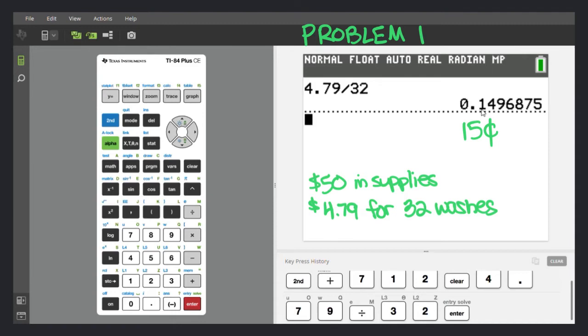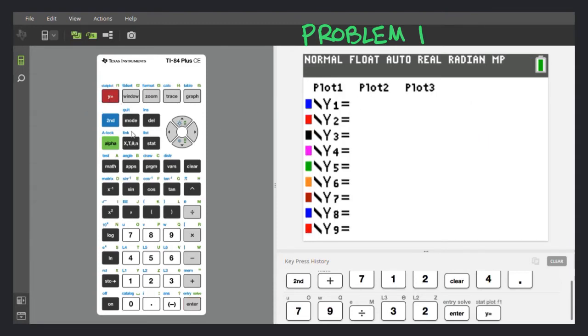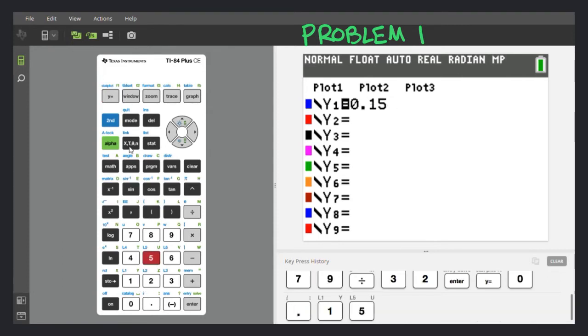Okay, great, not bad. 2, determine the cost equation for washing dogs. Remember, the cost equation, really cost in general, is the amount that something costs, right? So whether that's a product or service. So we're not going to forget about the $50 in supplies. So it costs 15 cents per dog. So let's go to y equals here. 15 cents per dog, 0.15x, plus the 50 that we paid originally.